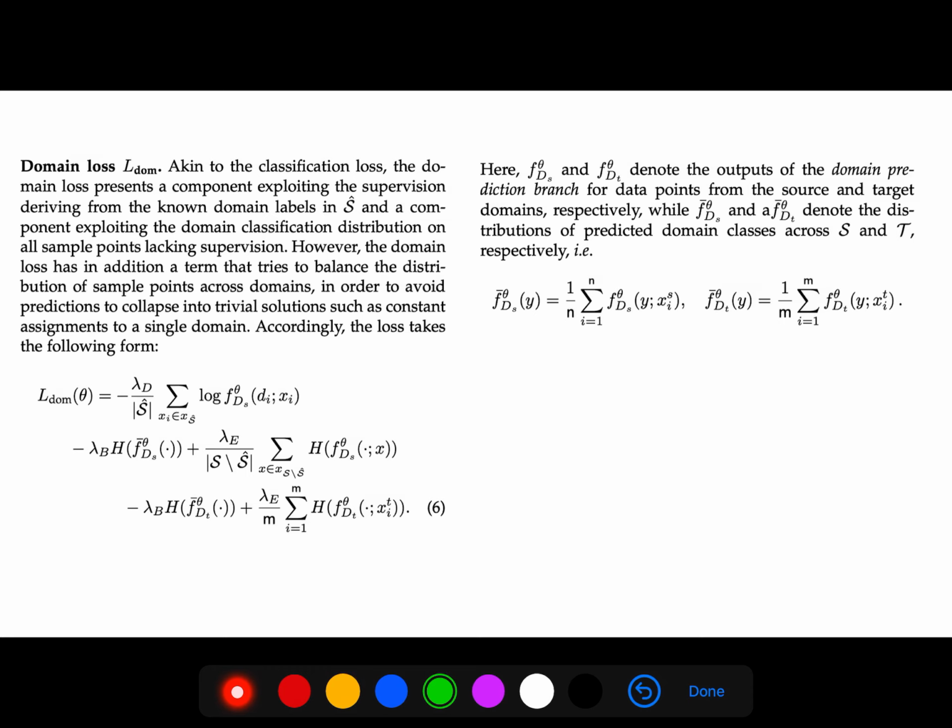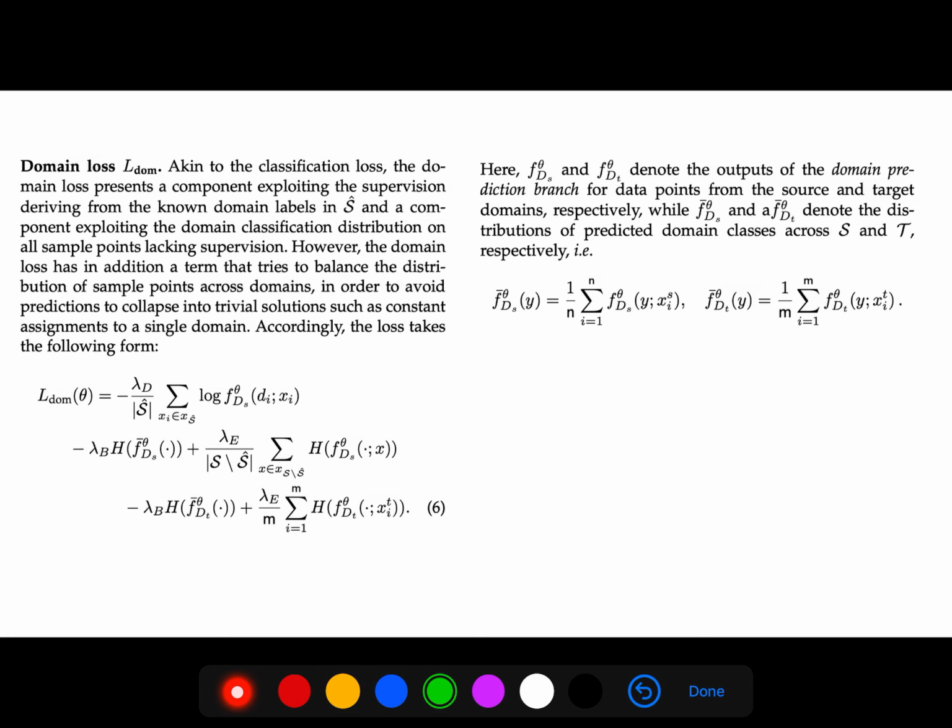However, the domain loss has, in addition, a term that tries to balance the distribution of sample points across domains in order to avoid predictions collapsing into a trivial solution, such as constant assignment to a single domain. Accordingly, the loss takes the following form.